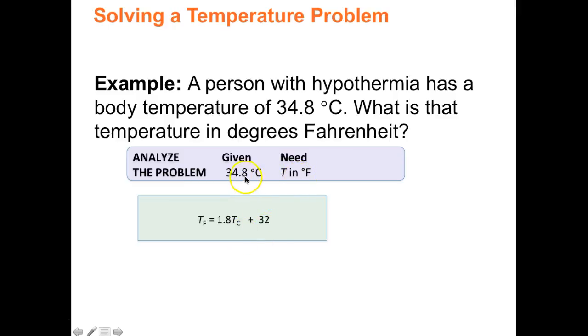You take the 34.8, multiply it first by 1.8, and then add the 32, following the rules of sig figs for both multiplying and adding. Multiplying 1.8 times 34.8 gives you 62.6, and when you add the 32, you get 94.6.